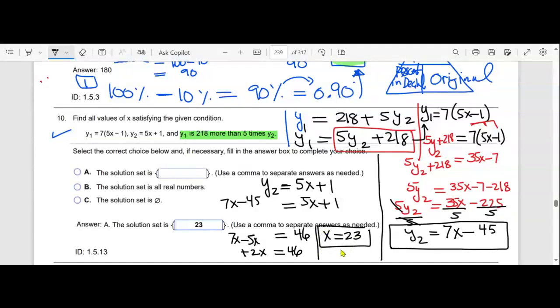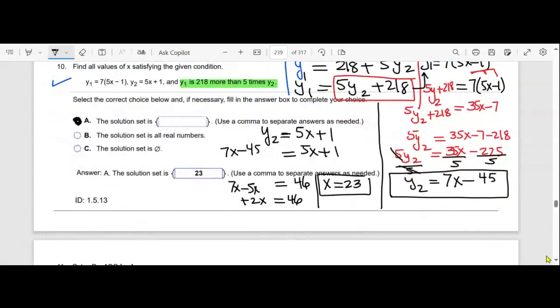Up to here is clear? So the solution set is what? 23. Is this clear?